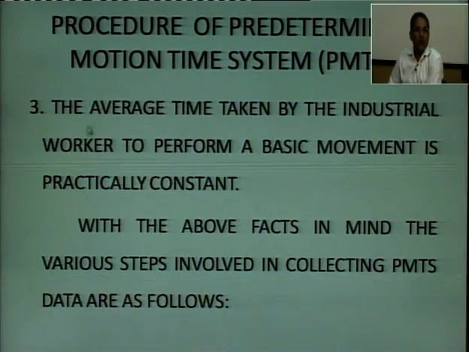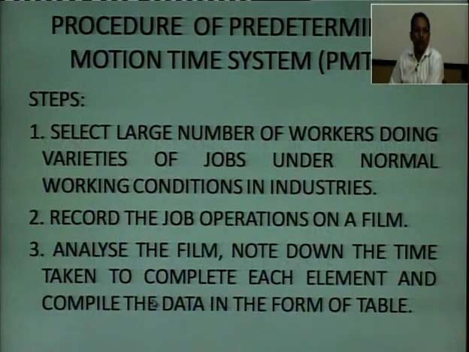Number 3, the average time taken by the industrial worker to perform a basic movement is practically constant. With the above facts in mind, the various steps involved in collecting PMTS data are as follows.